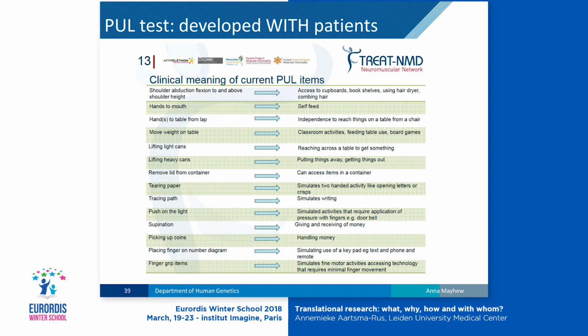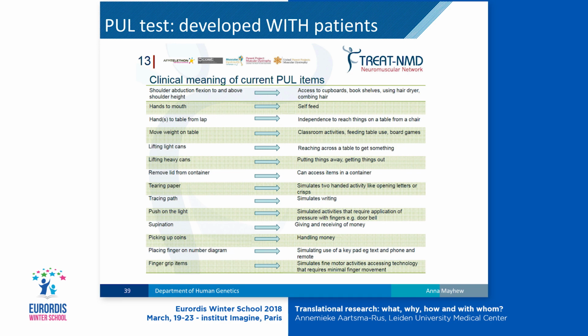The 6-minute walk test was not designed by patients, with patients, for patients. But then the patient community, together with their treating physicians, said we need better outcomes. They started with the patients and asked non-ambulant patients what function they find most important. They named functions like being able to feed yourself, scratch your nose, things like that.